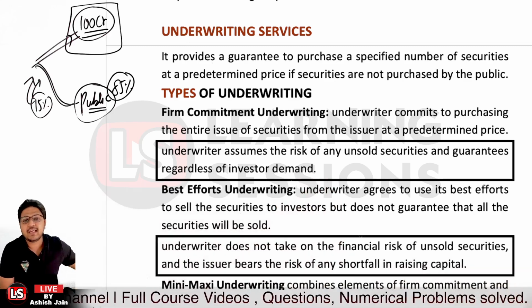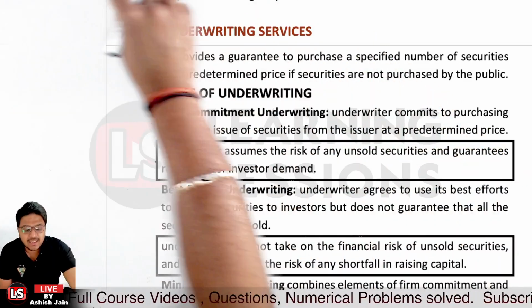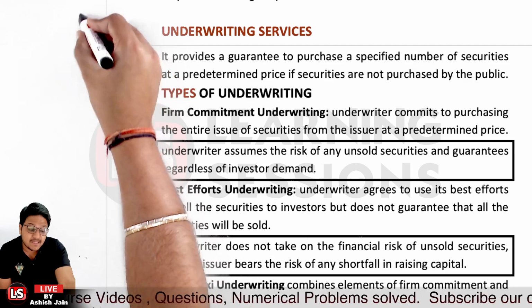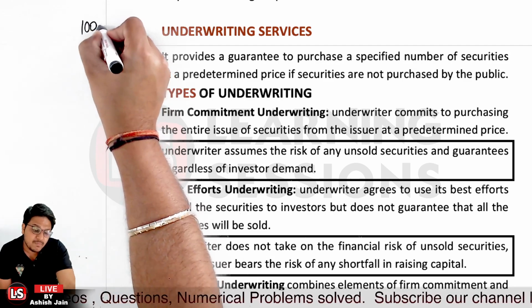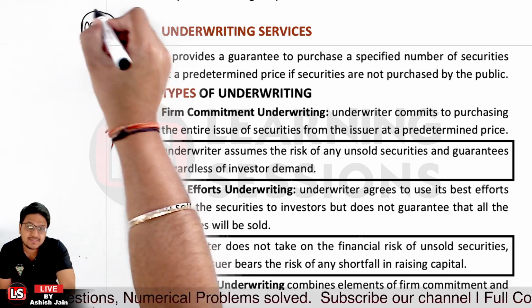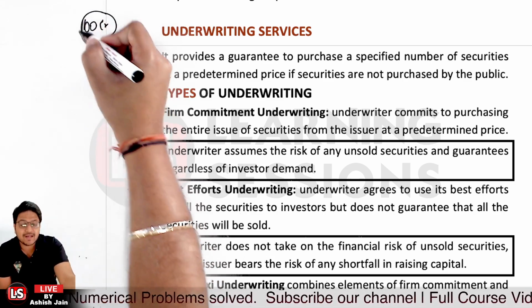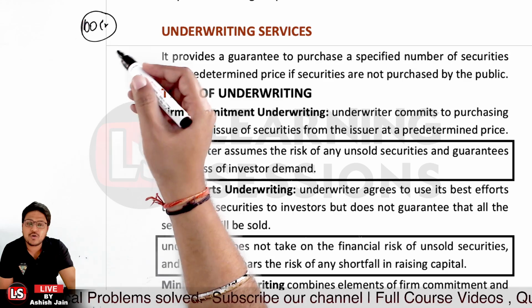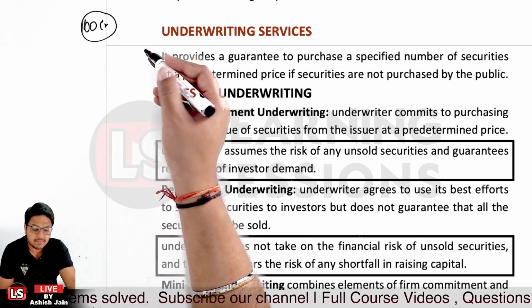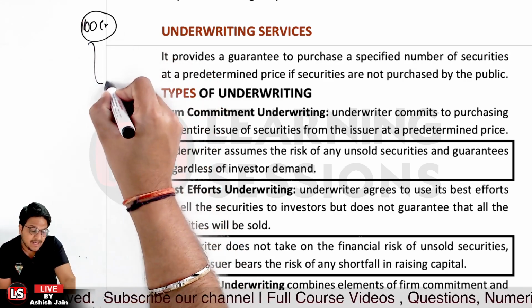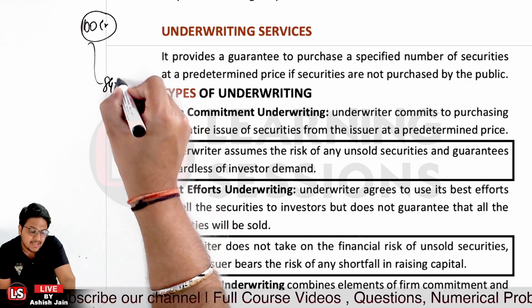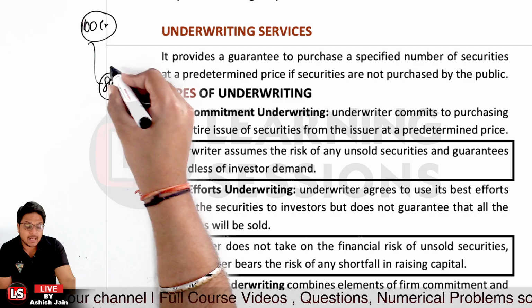And the second one is best efforts underwriting. In best efforts underwriting, as the name suggests, the investment banker makes their best efforts to get the public to subscribe to the shares, but does not take any risk participation in it. Let's say 89% of the shares were subscribed by the public.